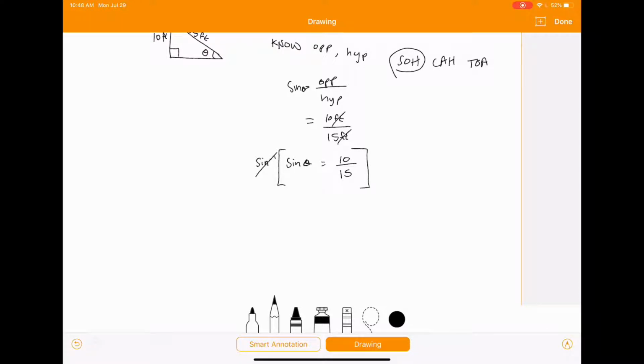These are going to cancel, so you'll be left with just theta on that side and the sine inverse of 10 over 15 on this side. Then you just plug that into your calculator and you're left with 41.8 degrees. And it's really that basic.